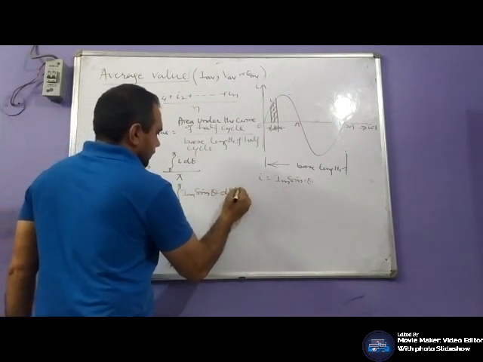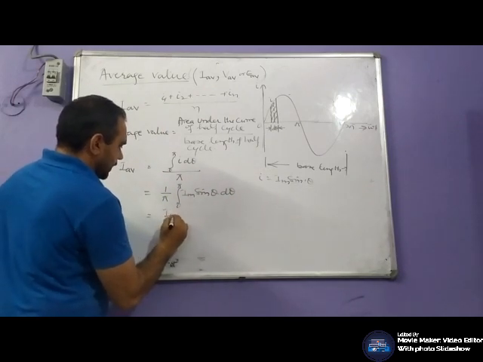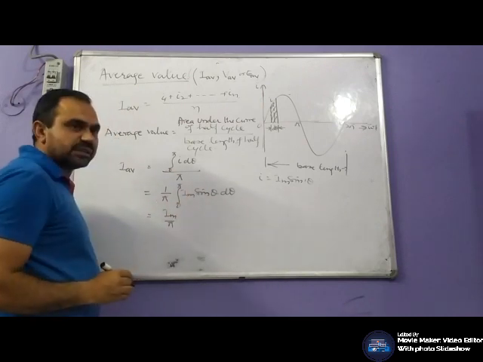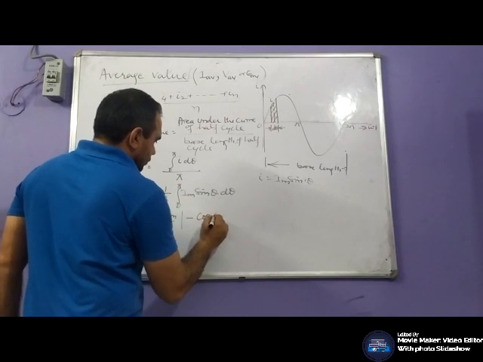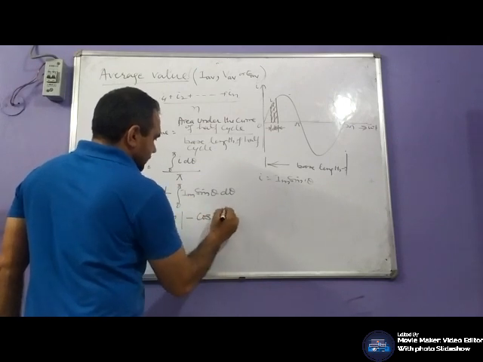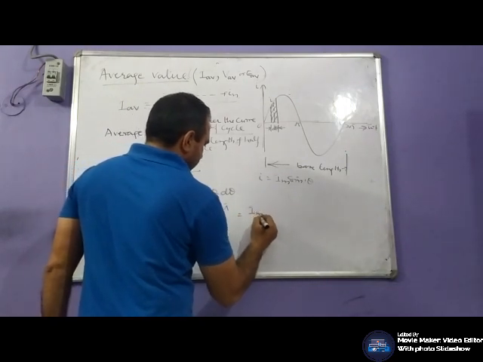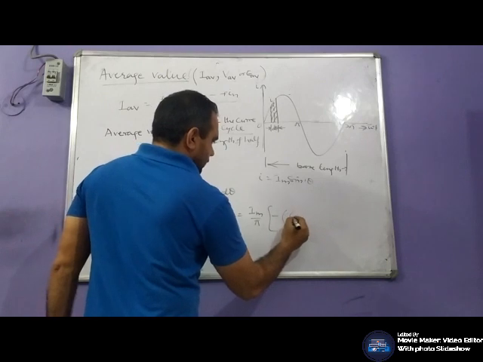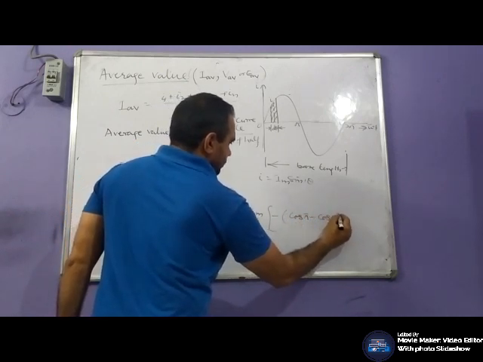Sine theta d theta, or Im by pi integration of sine theta, minus cos of theta from 0 to pi, or Im by pi minus cos of pi minus cos of 0.